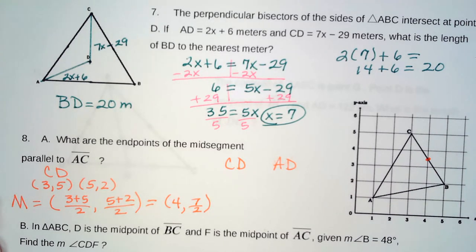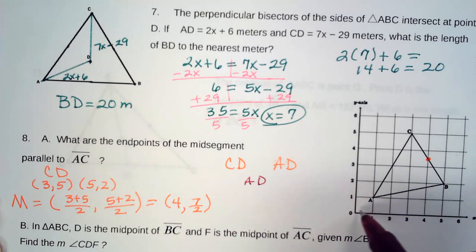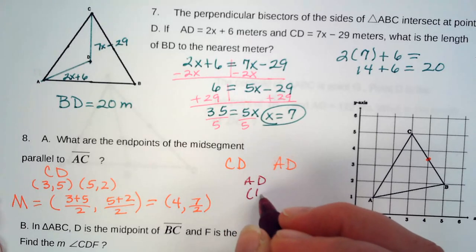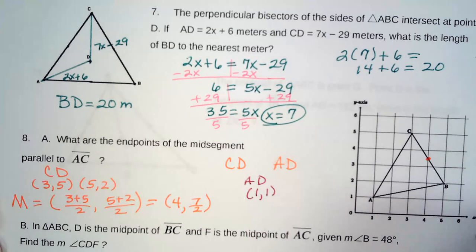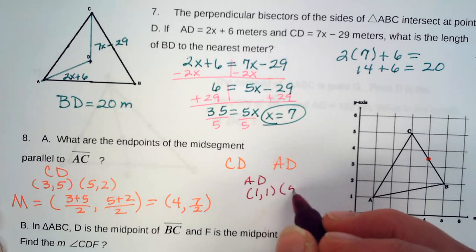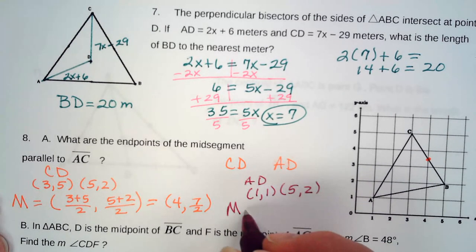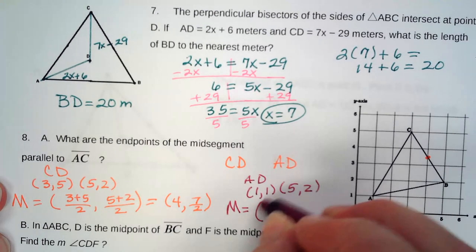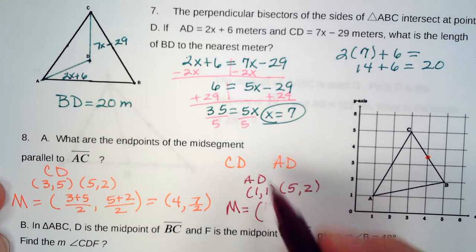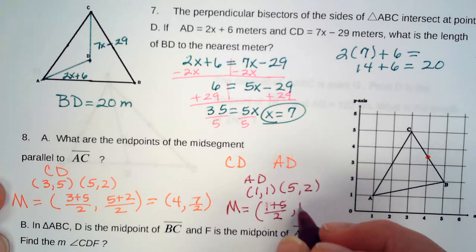For AD, the point A is 1, 1. Point D is still 5, 2. So for the midpoint, we have 1 plus 5 divided by 2, and then we have 1 plus 2 divided by 2.